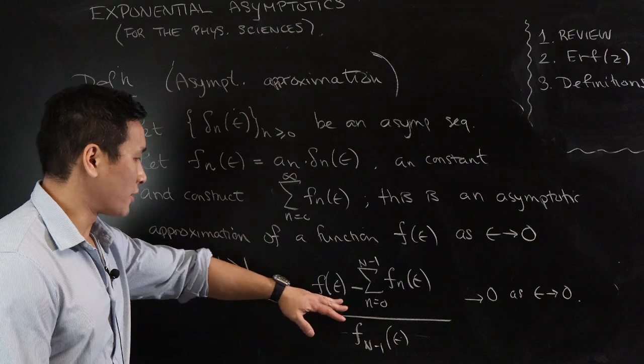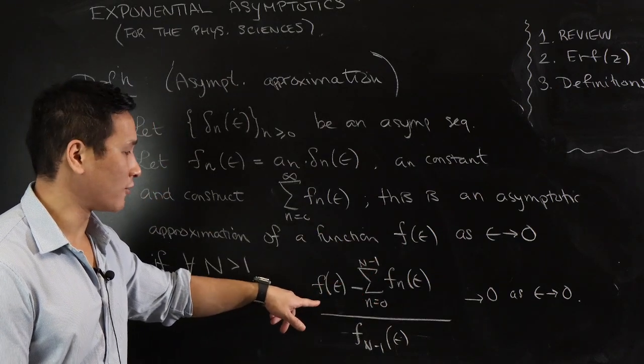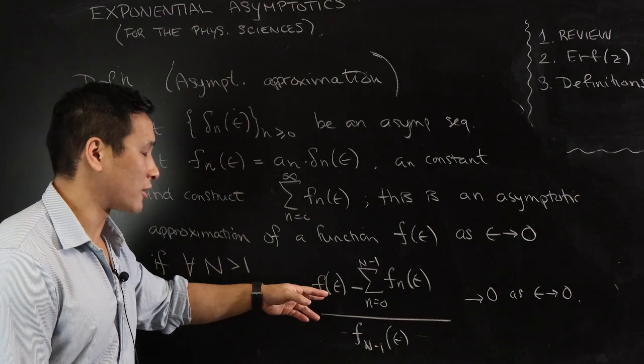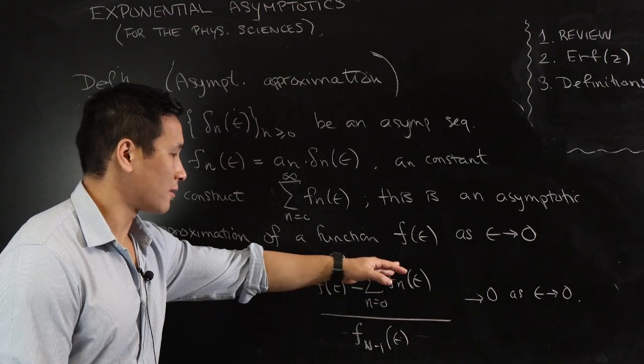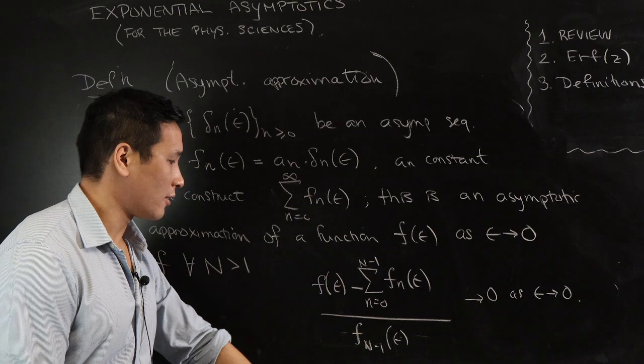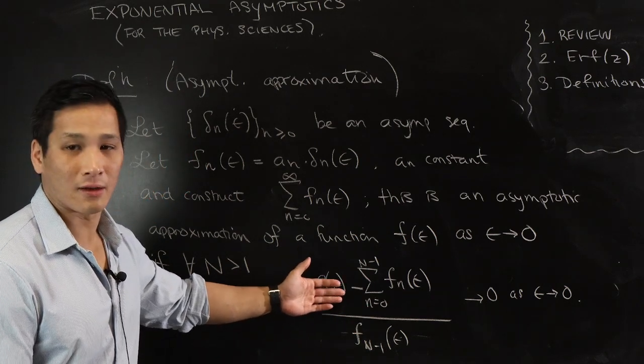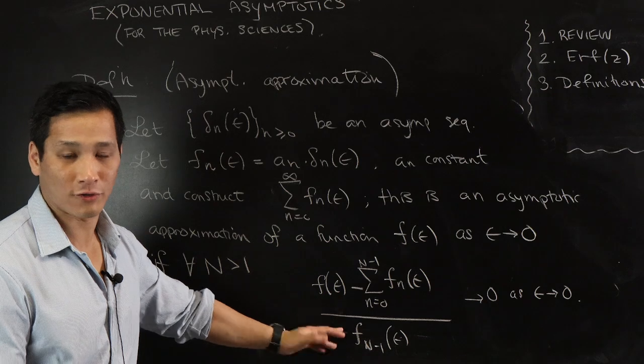This quantity is essentially the remainder: the function that you're trying to approximate minus the n-term approximation. The point is that the remainder is much less than the last term that you have truncated at.